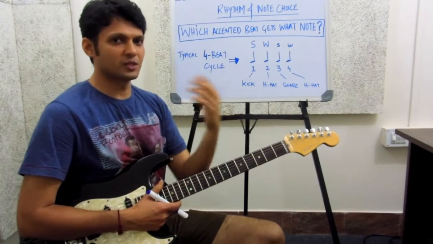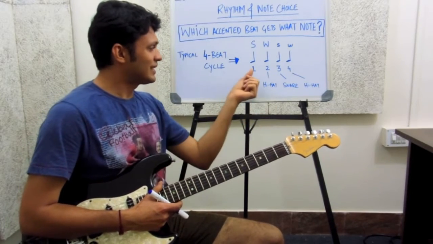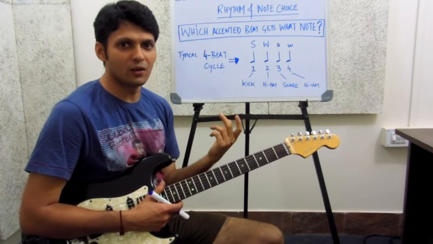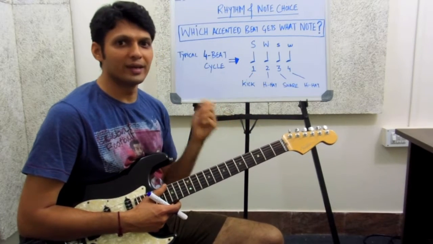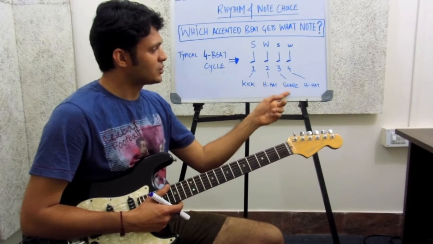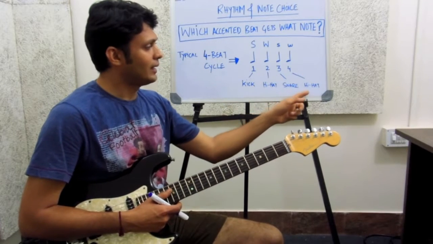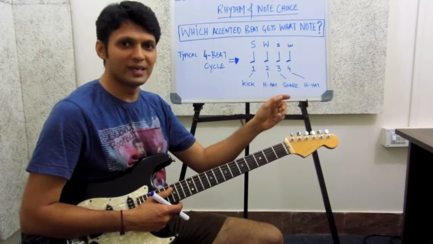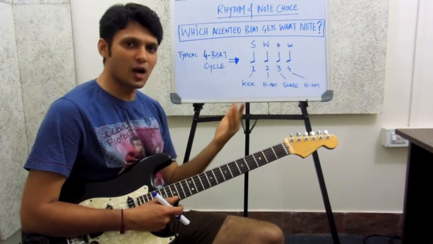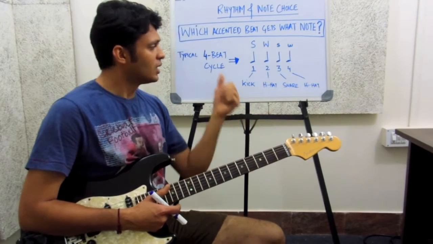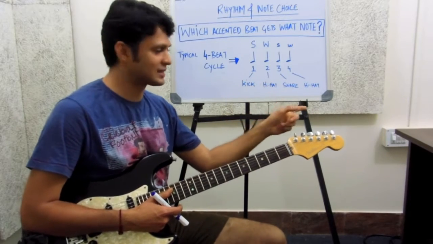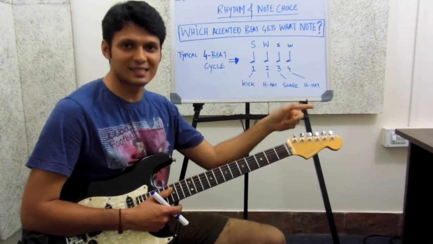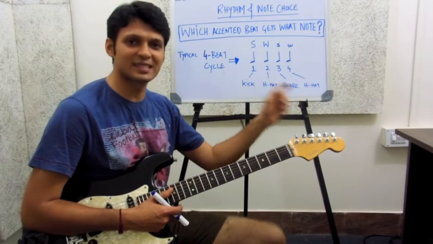Now from a drummer's perspective, if we assign kick to beat 1 and make it sound like this, duk, and we assign hi-hat to beat 2 going tss, assigning snare to beat 3 going tuck, and assigning hi-hat to beat 4 going tss again, the beat structure now vocalized would sound like this. Duk, tss, tuck, tss, duk, tss, tuck, tss.